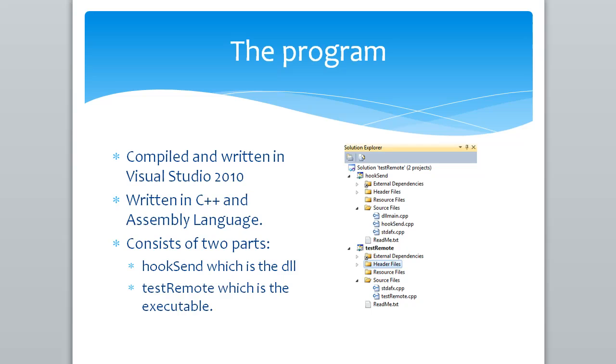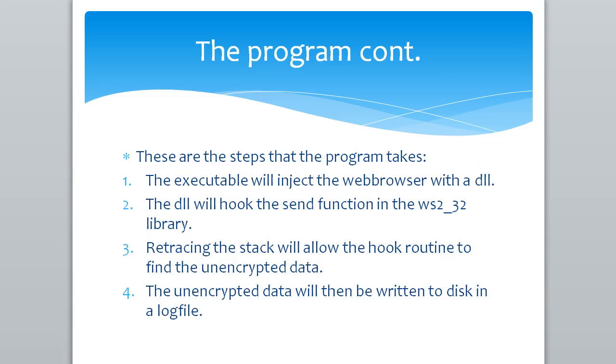To give a basic overview of what the program does: first the executable will inject a DLL into the web browser. Then the DLL will hook the send function in the Windows sockets library, and by retracing the stack, this will allow the hook routine to find the unencrypted data. The unencrypted data will then be written to disk in a log file.